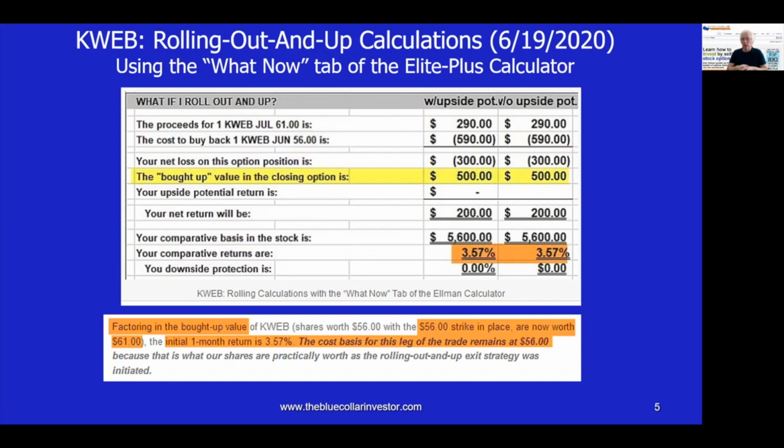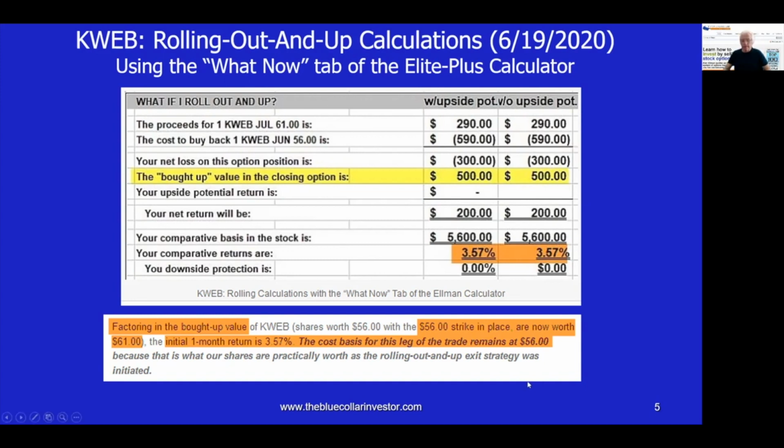If we roll out and up, it's now worth 61, the new strike price. So we're gaining $5 per share there. So we factor that in, and when the smoke clears, that results in an initial return of 3.57%. And again, that's a 1 month return because we rolled out from 6/19 to 7/19.